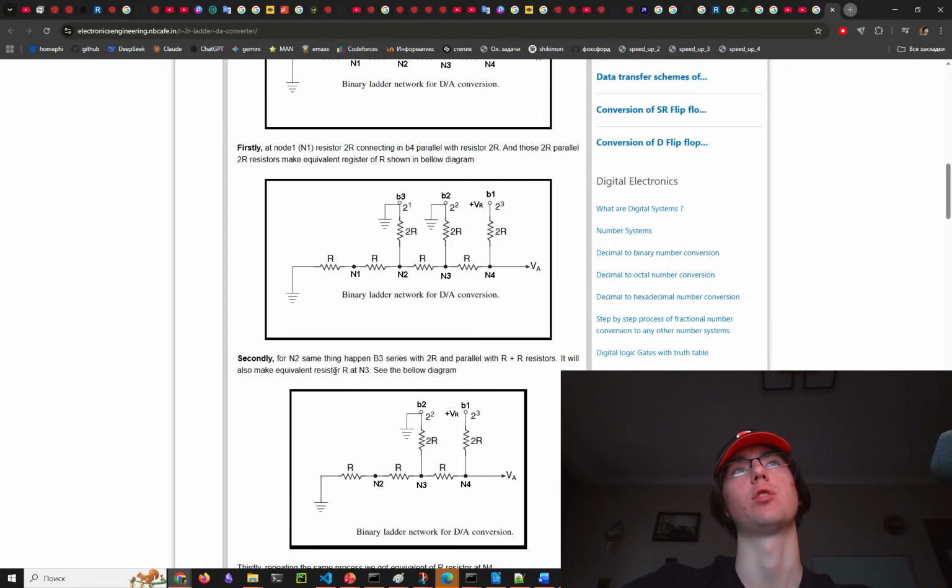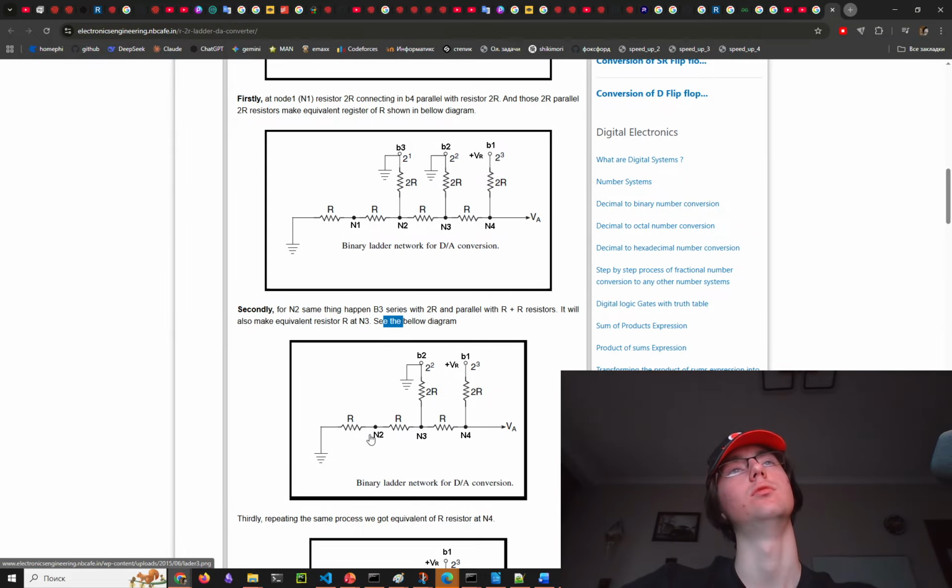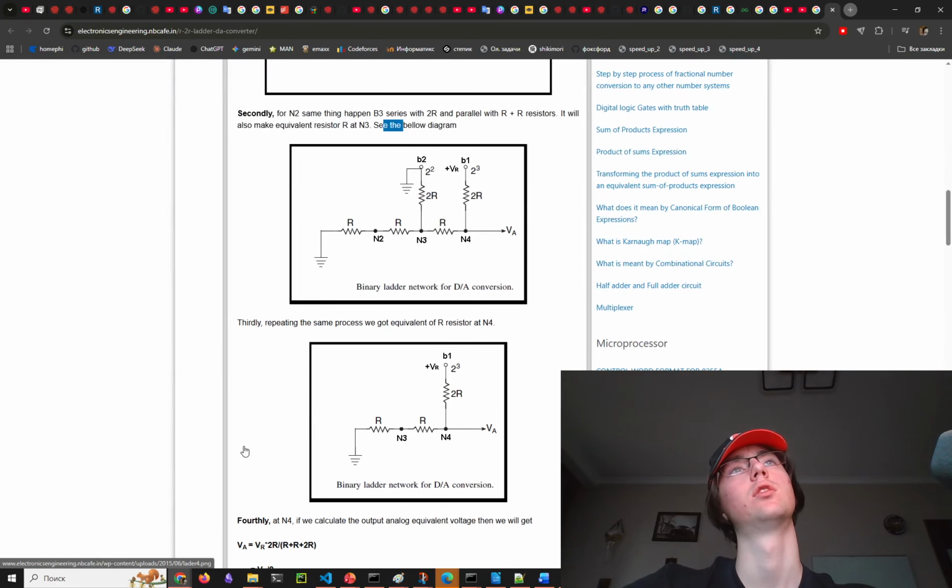It will also make an equivalent resistor R at N3. In the same way we got an equivalent R resistor at N4.